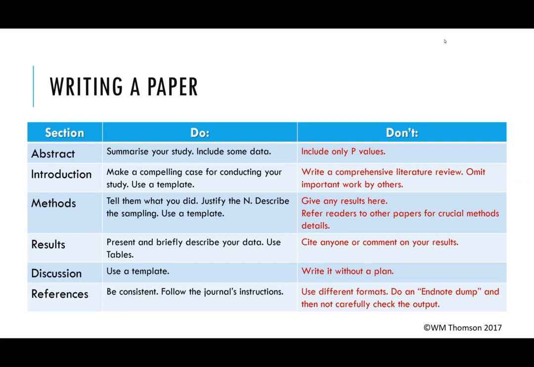In the methods, tell them what you did, justify the numbers, describe the sampling, and use a template for this too. It's important to describe the sample and the sampling because that is the key issue on which the generalizability of the findings rests.